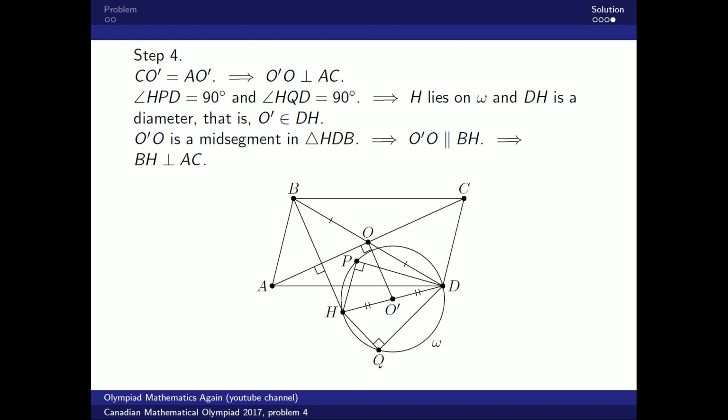So BH is perpendicular to AC. This is exactly what we needed to prove, and so this concludes the whole solution. So it was kind of a long video, but I hope you enjoyed it. So okay, goodbye.